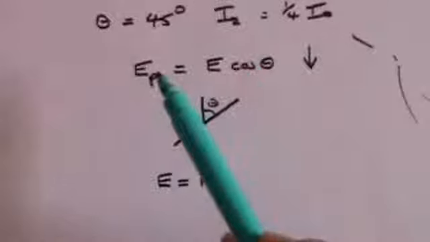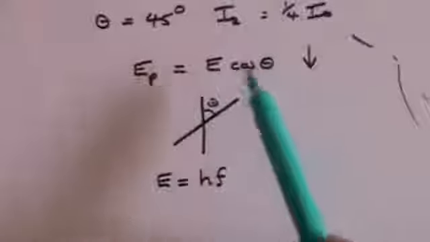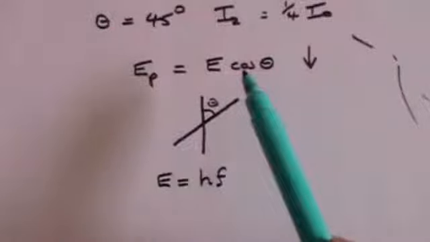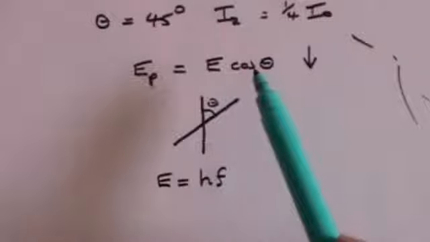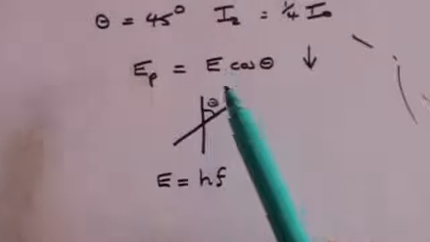Consequently, if the energy of the light reduces as it goes through the polarizer to the tune of cosine theta, which will always be somewhere between 0 and 1, so you're always going to get a reduced value of the E field that you had beforehand.